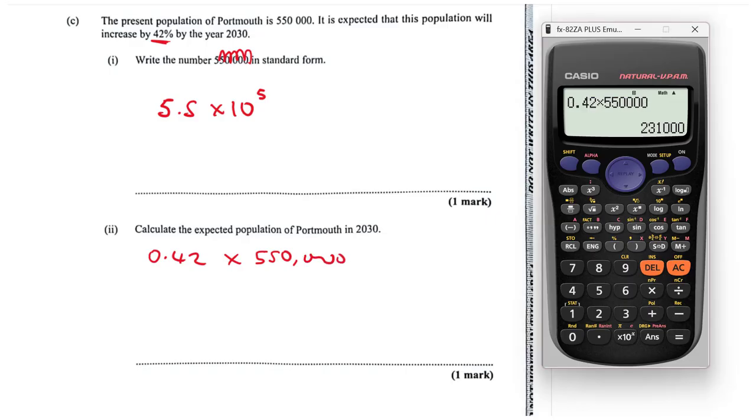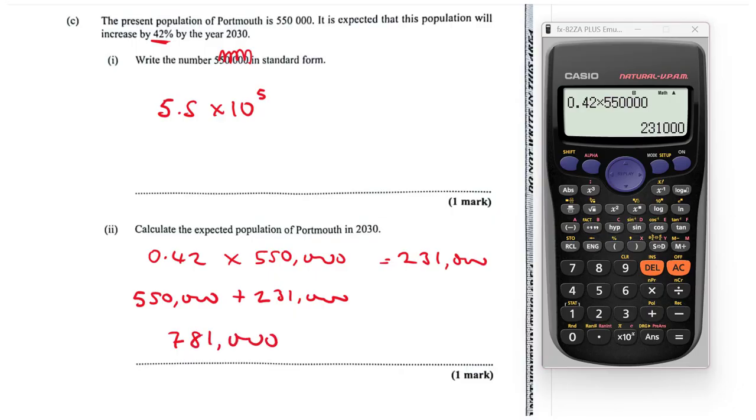That gives us 231,000. Then we add this to the original population size: 550,000 plus 231,000, which is 781,000. So the expected population of Portsmouth in 2030 is 781,000.